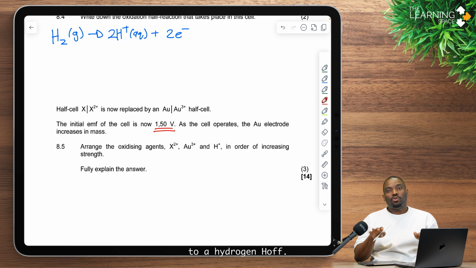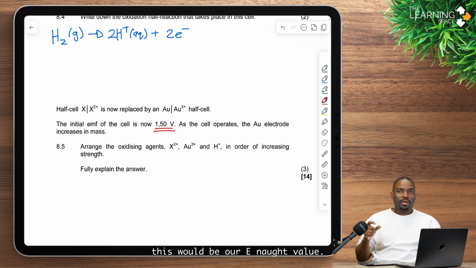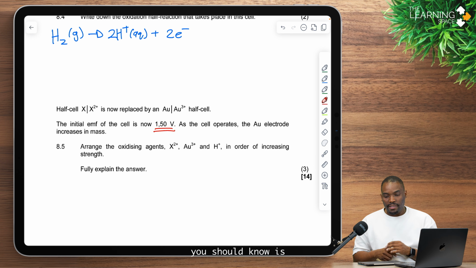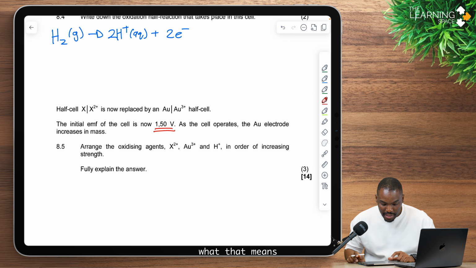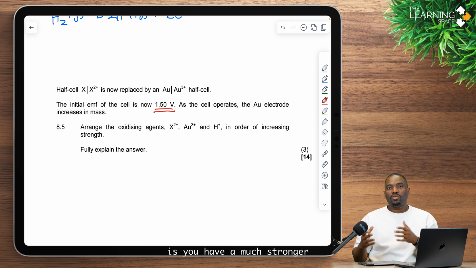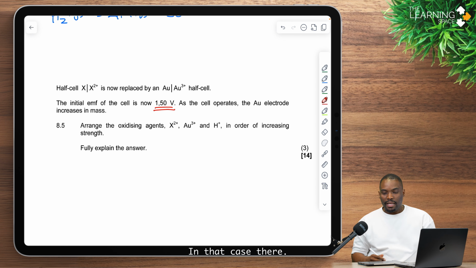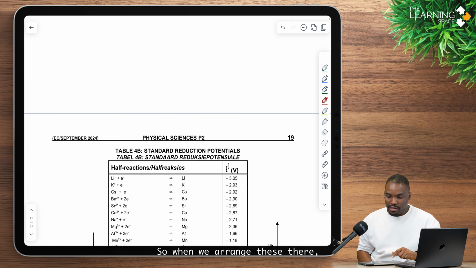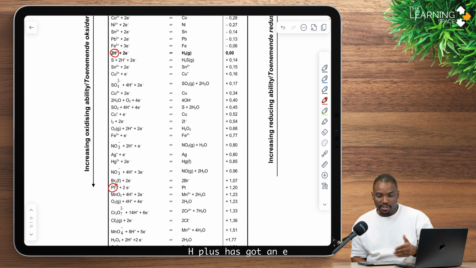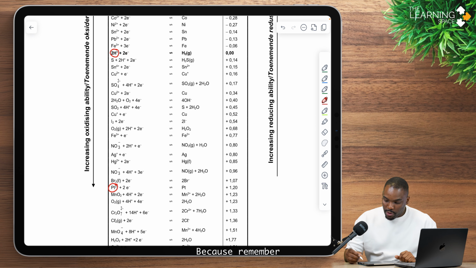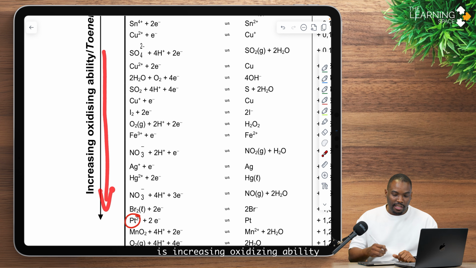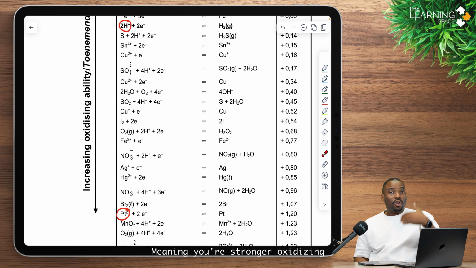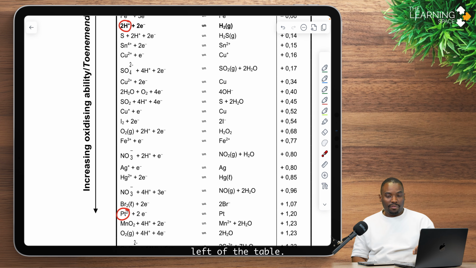Because it's connected to a hydrogen half cell, this would be our E naught value. One thing you should know is that when you have a greater E naught value, you have a much stronger oxidizing agent. So when we arrange these, we can first see H plus has an E naught value of 0, because when you look at the table, the left-hand side says increasing oxidizing ability going down, meaning the stronger oxidizing agents are on the bottom left of the table.